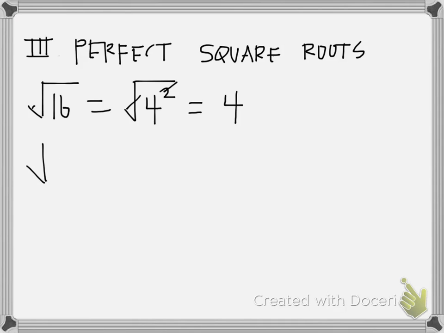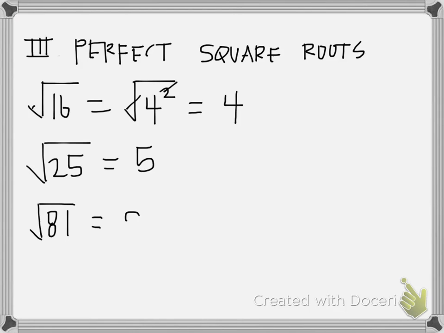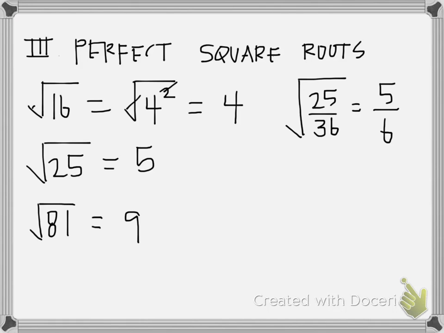So anytime you have a perfect square underneath there, the square root of 25 is going to be a 5. Square root of an 81 is going to be a 9. Square root of 25 over 36: 25 is a perfect square, 36 is a perfect square, so this is going to be 5 over 6.